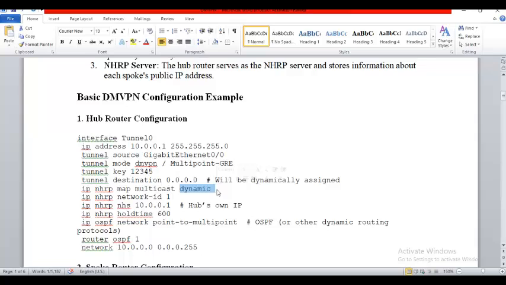This is the address which is responsible. This is an optional one. And this is OSPF. You know it. Is there any problem in understanding this tunnel configuration on the hub router? Okay.